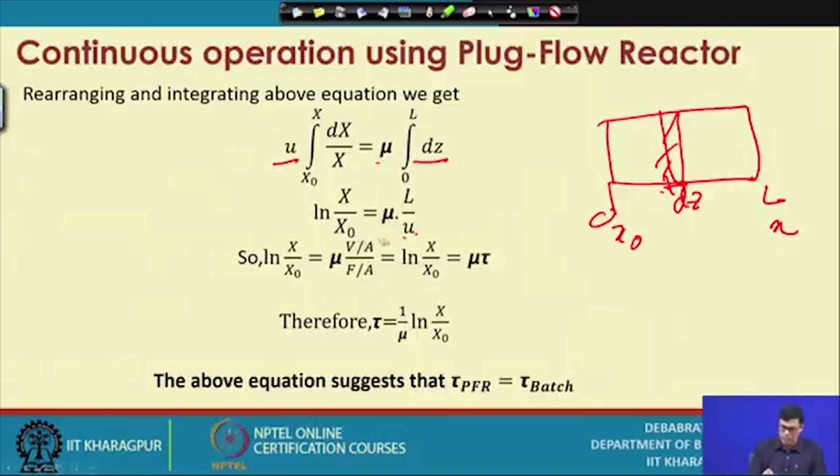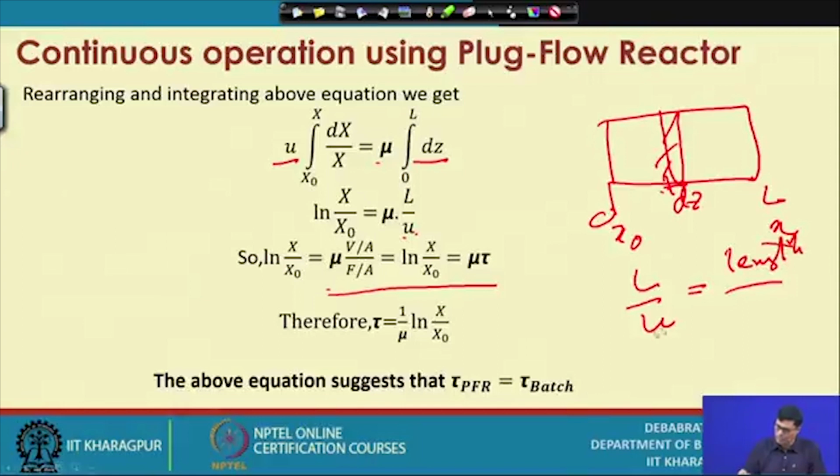Then L by u is there in the equation. What is the unit of L? It is length. Am I right? And what is the unit of the velocity u? Length per unit time.